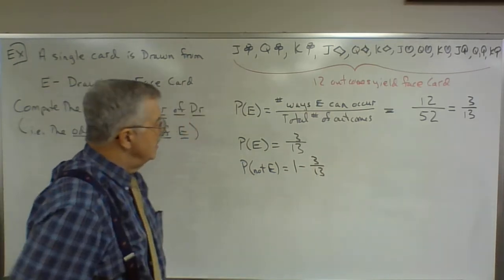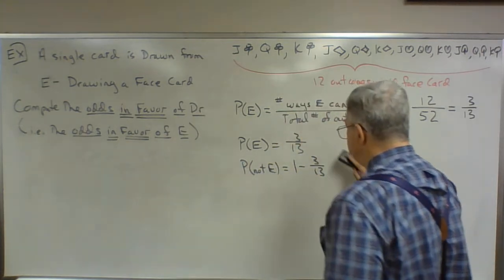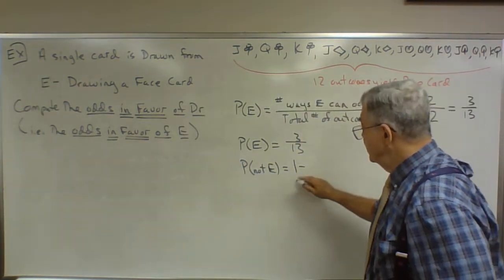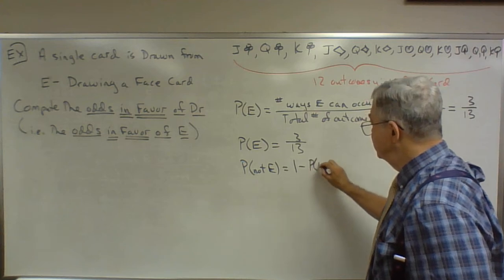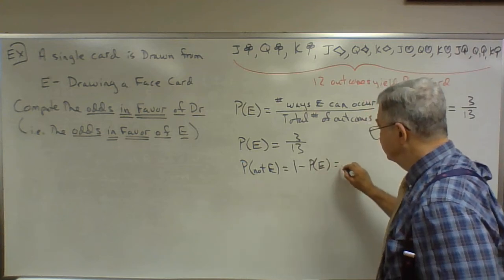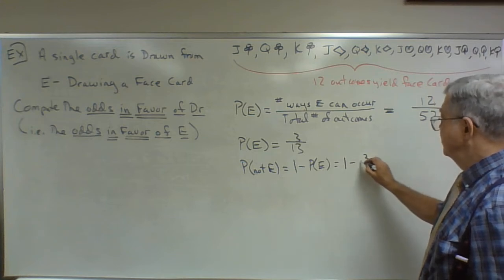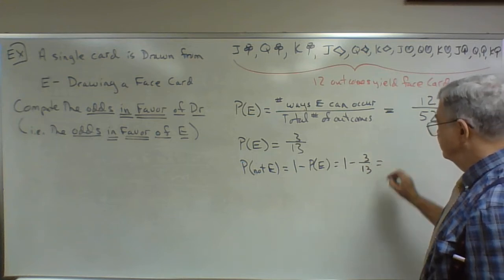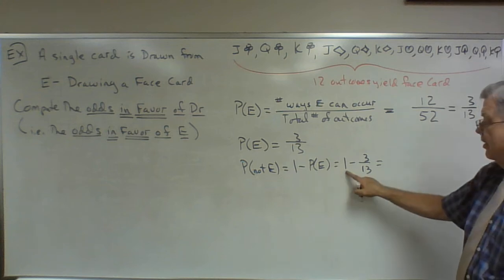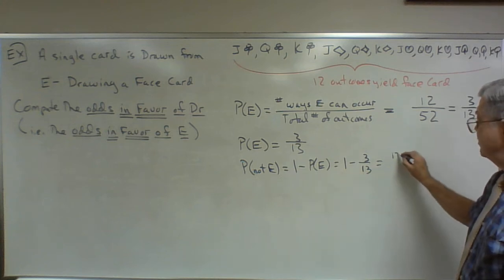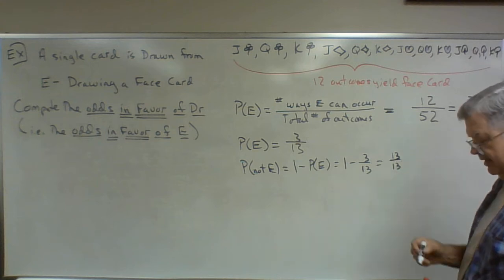Let me be thorough here. The probability that E does not occur is 1 minus the probability that E does occur. And that's 1 minus 3/13. We get a common denominator here. 1 is the same as 13 over 13.